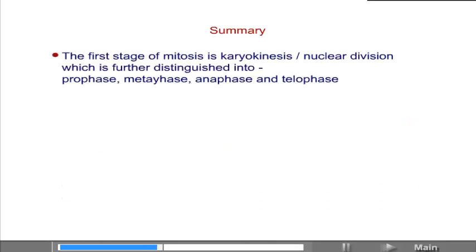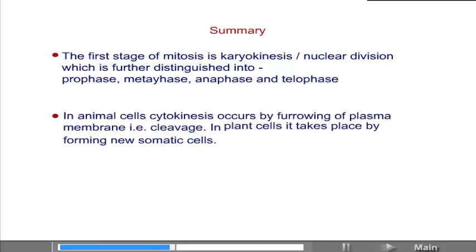The first stage of mitosis is karyokinesis or nuclear division, which is further distinguished into prophase, metaphase, anaphase and telophase. In animal cells, cytokinesis occurs by furrowing of the plasma membrane, that is cleavage. In plant cells, it takes place by formation and extension of the cell plate.